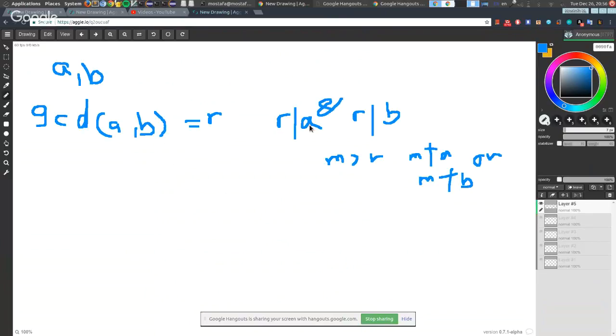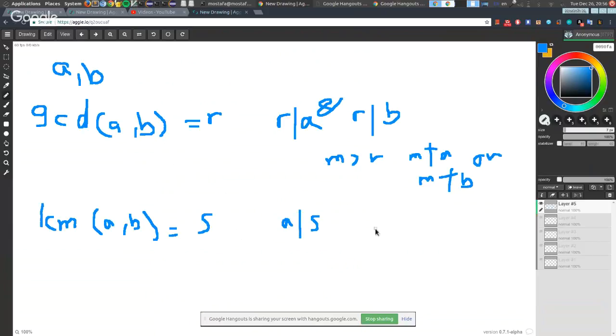On the other hand, there's the LCM. I'll call it S here. The LCM is the least number that is divisible by both A and B. So it's quite the converse, you can say.